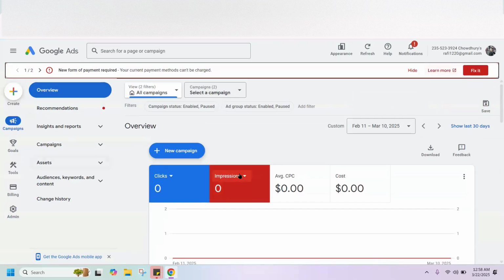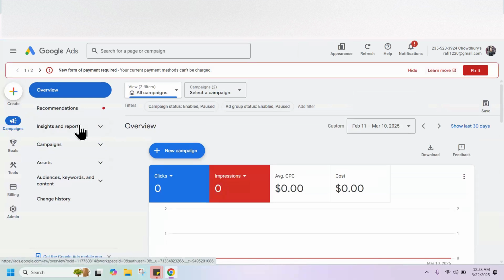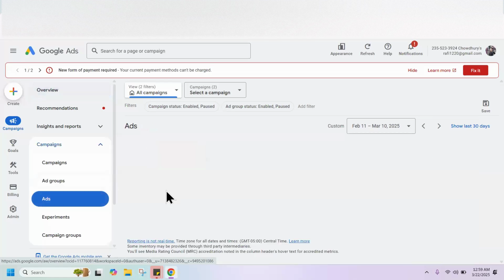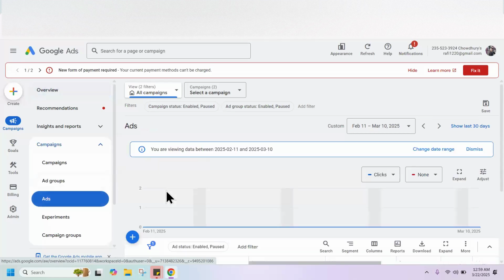Yeah, this is it right here, right? Yes, go to ads, please. Campaign, then ads. Click on campaigns in the middle. Yes, then ads. Okay.